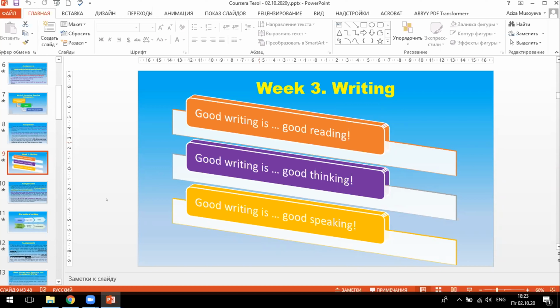That's why we need to pay attention to all the skills, but these two skills are more important, because they help students in, for example, exams.